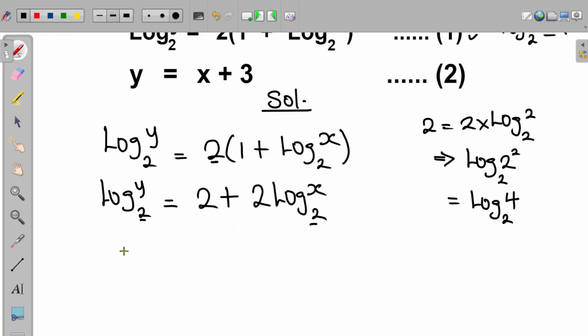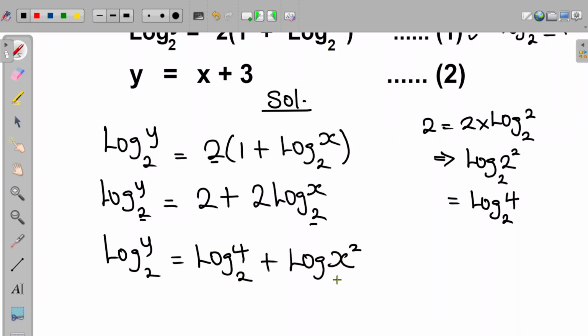So thus, our equation now becomes log y in base 2 is equal to log 4 in base 2 plus log x squared in base 2. So at this point, we can apply the multiplication law of logarithm at the right-hand side. So this is log y in base 2 equal to log 4x squared in base 2.